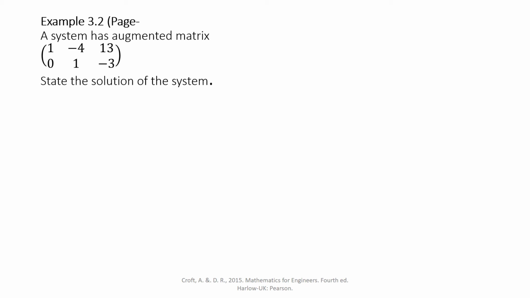Solution of a system about these three cases. So the second line, or the row, tells us that there is no x because x is 0 and y is 1, so y equals -3.